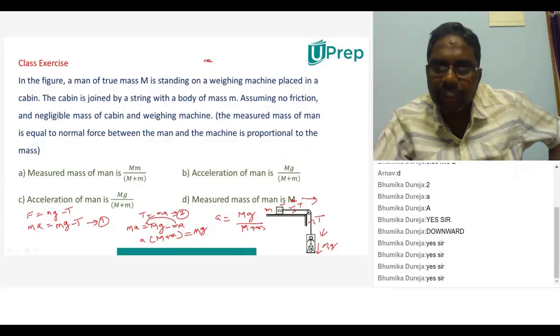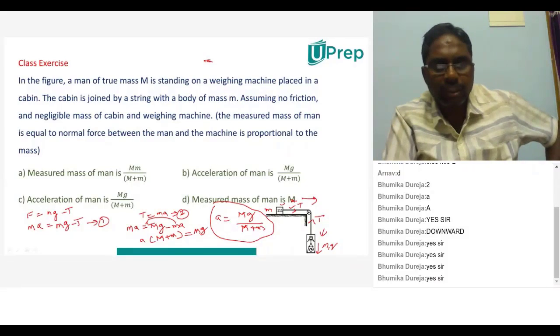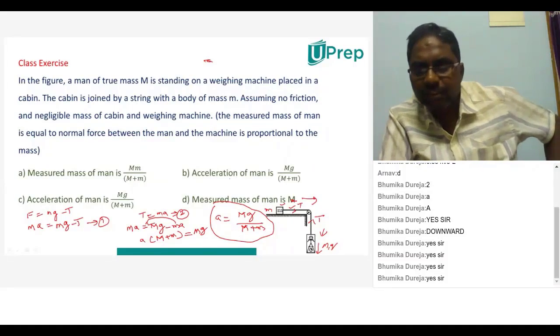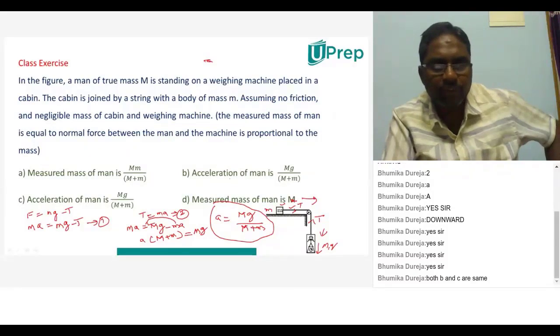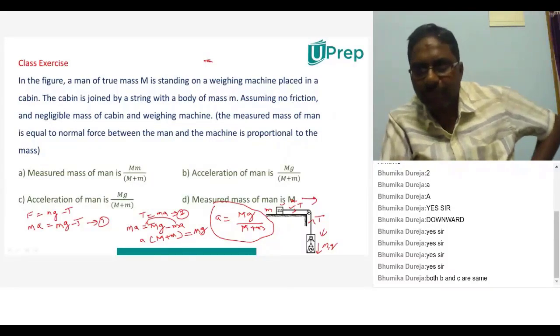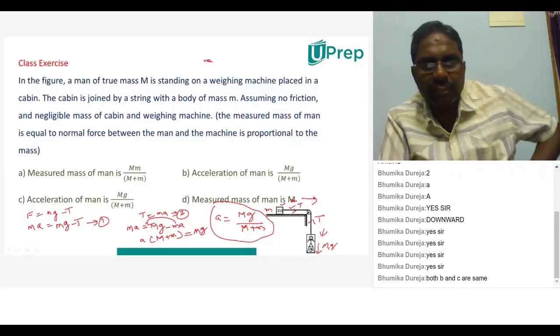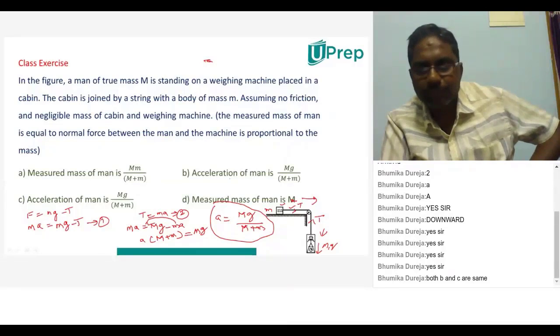Whether this equation is there for acceleration here in these options? Yes, sir. Which option? Acceleration of man is mg by M plus m. Both are having the same option only, no? B and C. Acceleration of man is mg by M plus m. Whether both are right?